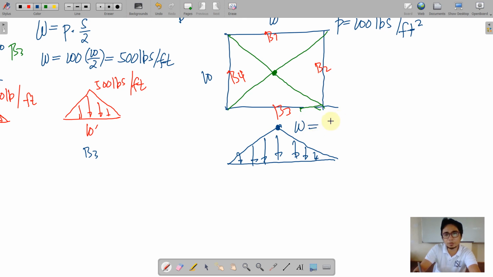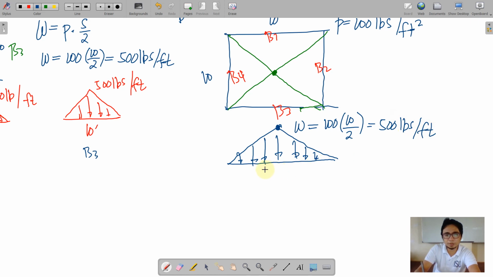W is equal to just multiply the pressure by the half of the shorter dimension. But here it appears to have an equal. We do not have any shorter dimension. So just adapt that dimension, 10 over 2. So 10 over 2 is 5 times 100 is 500 pounds per feet.